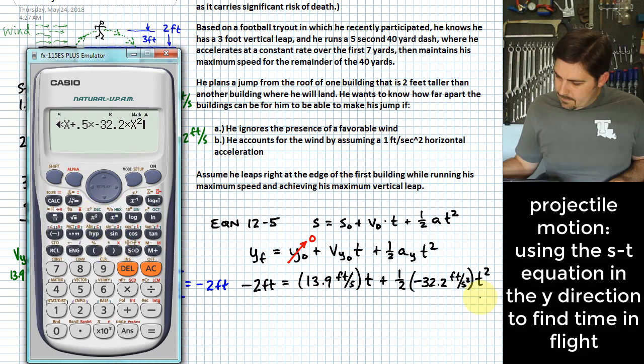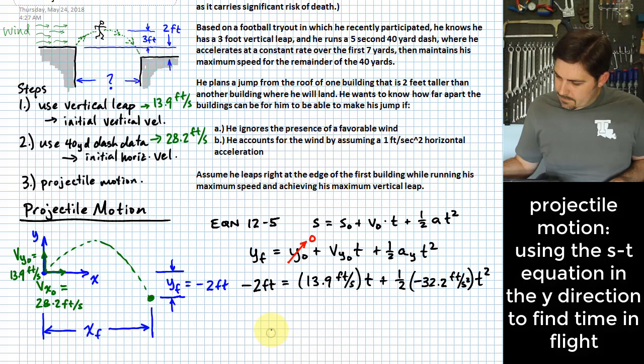Okay, and that's my whole equation there. We're going to solve it, and what it tells us here is that this amount of time in flight that Zach experiences here is going to be, we'll just call it 0.989 seconds.